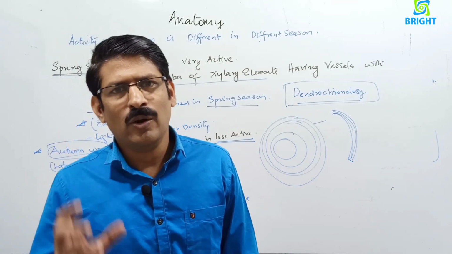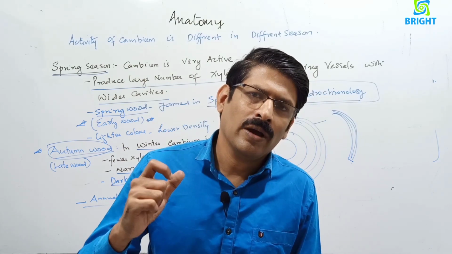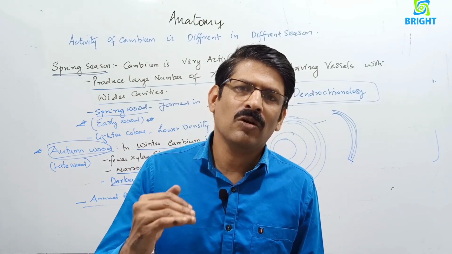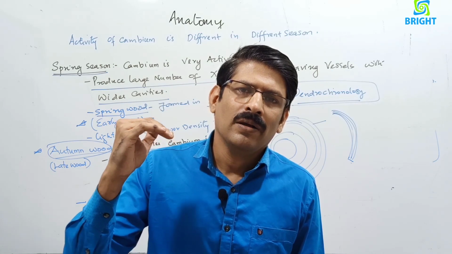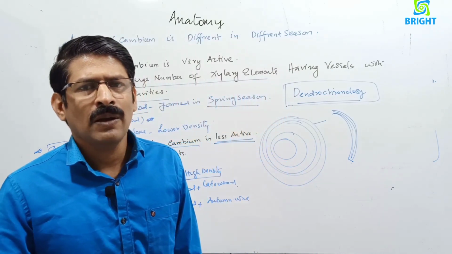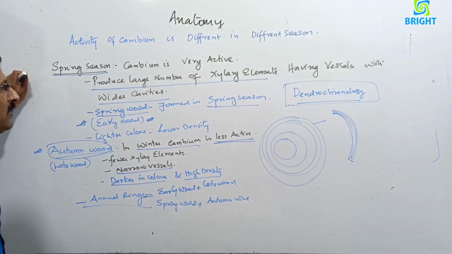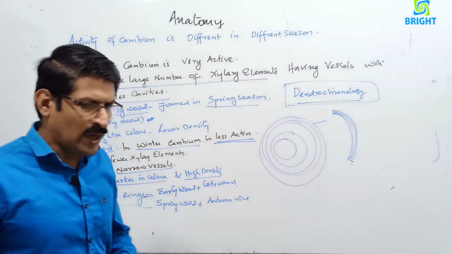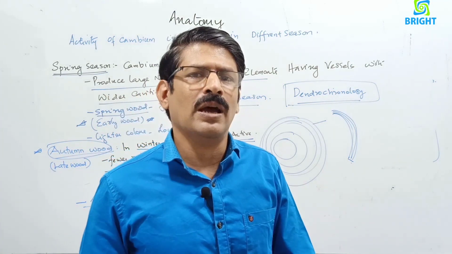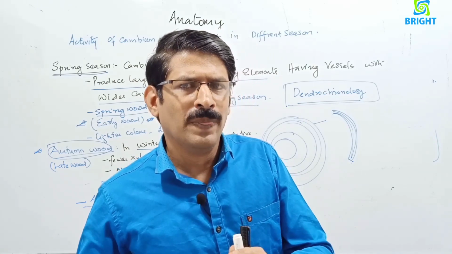We can see the annual ring only in dicots like teak or mango tree or cashew. In this type of dicot plants only we can see the presence of the annual ring. So we can calculate the age by counting the annual rings due to the difference in the cambial activity in different seasons.